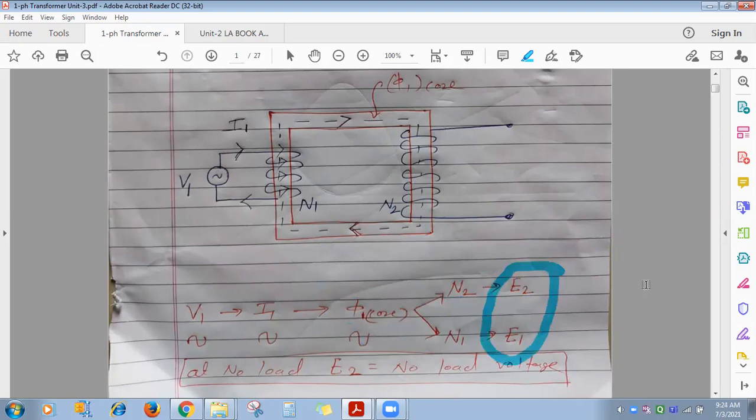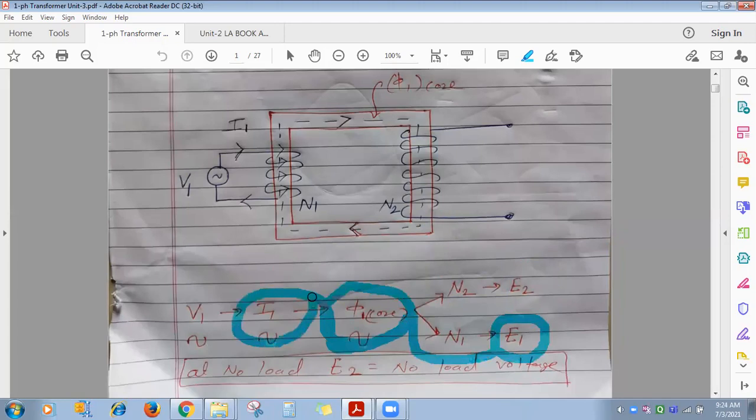Okay. So what will happen now as per Lenz's law? As per Lenz's law, it will oppose the cause producing it. Now E1 is induced because of phi1. Phi1 is produced because of I1 and I1 is produced because of V1. What does it mean? E1 gets induced because of V1.